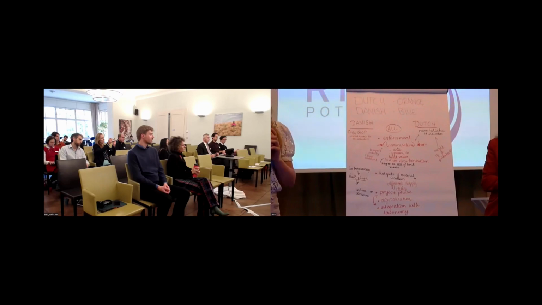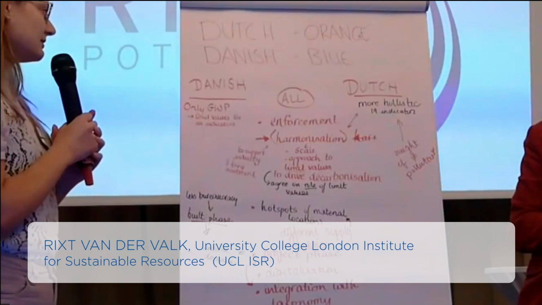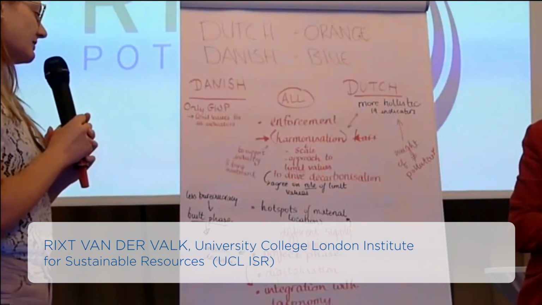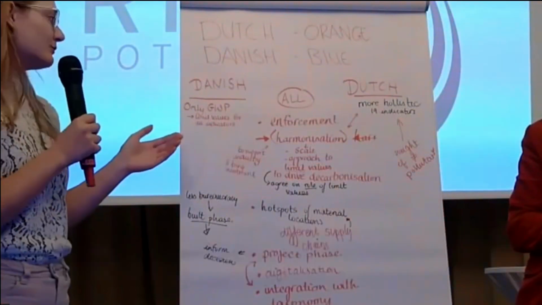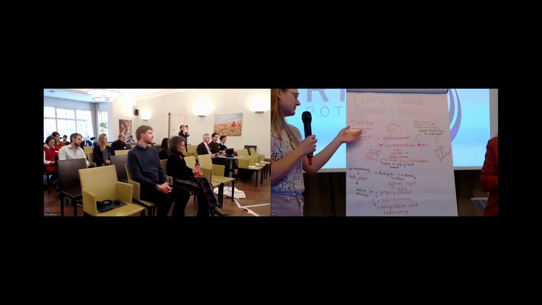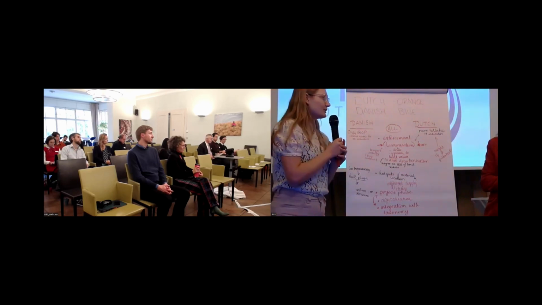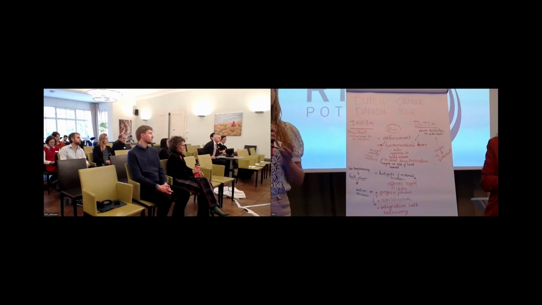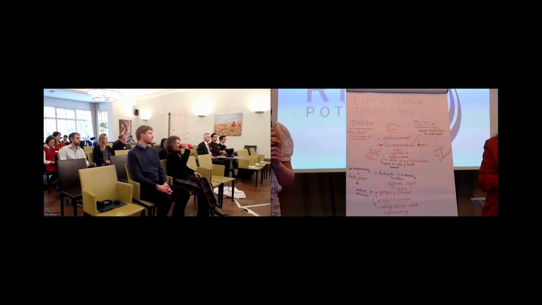There was a lot of agreement on both the advantages, the positives of the Danish case in terms of using limit values for global warming, GWP, and also for the Dutch case for using a more holistic approach, 19 different indicators, or soon to be 90 different indicators. However, that did bring up the discussion of how do we actually harmonize all of those indicators.